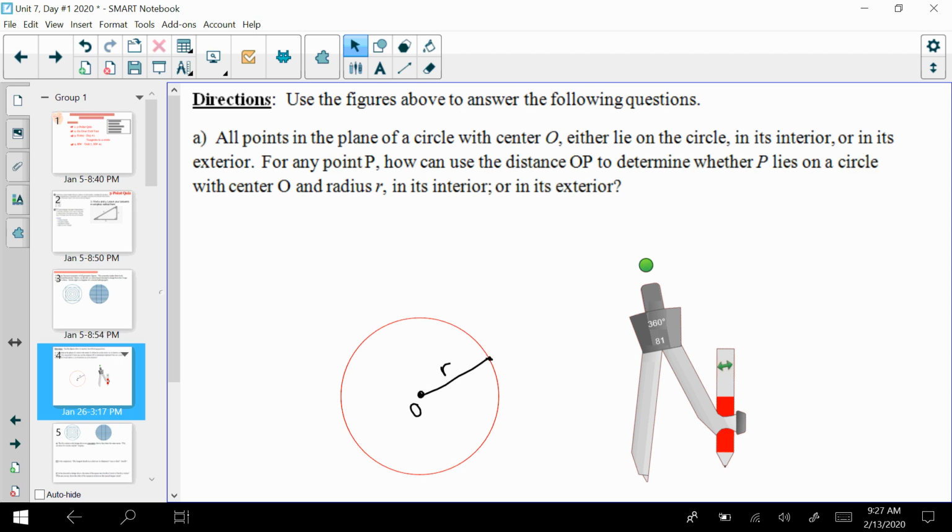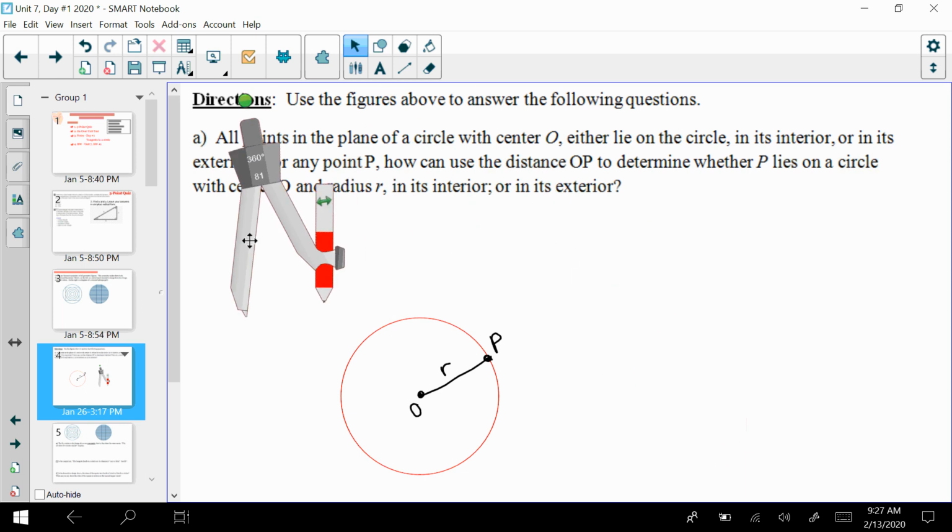First of all, let's start with if it's on the circle. If P is on the circle, then obviously that distance OP, that length, has to be equal to the radius, or equal to R.